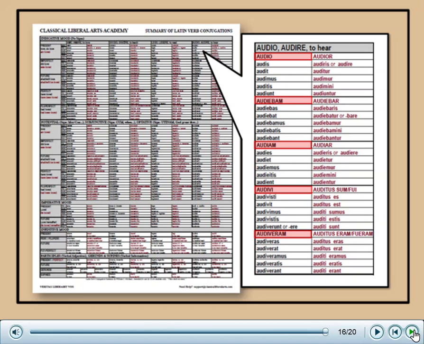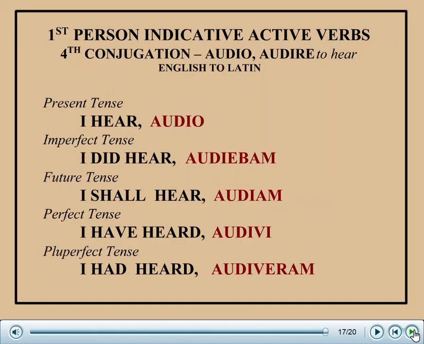Find this box on your verb summary chart and let's get started. First person indicative active verbs of the fourth conjugation for the verb audio, audire, to hear.